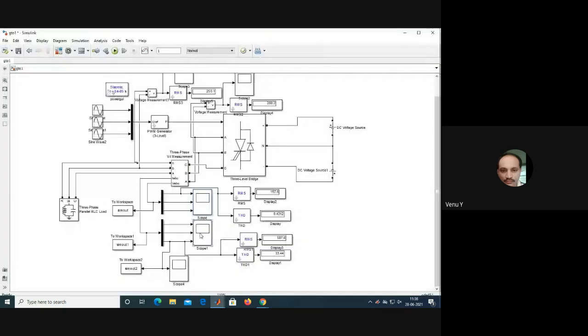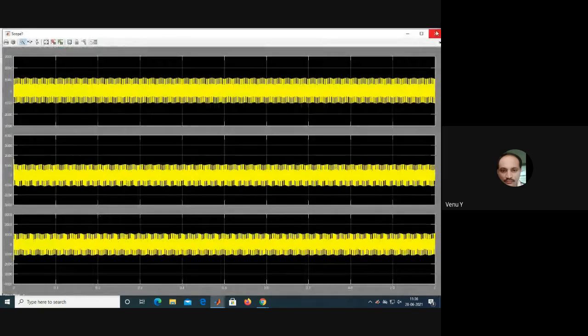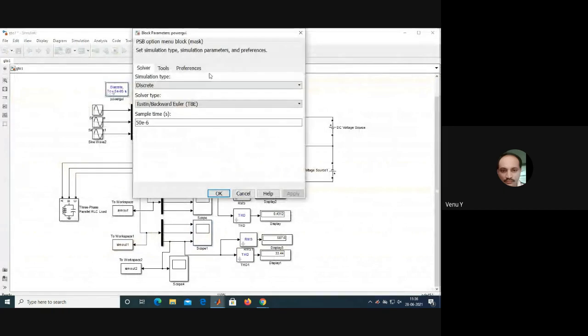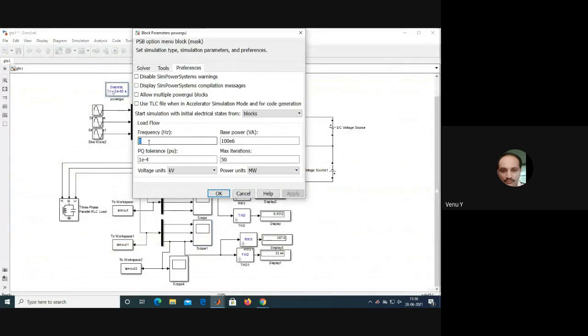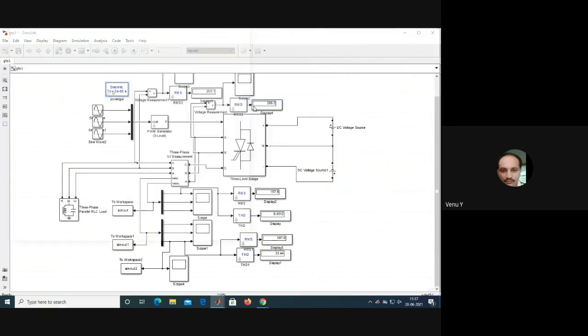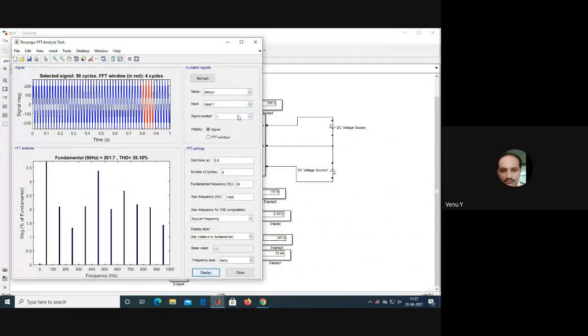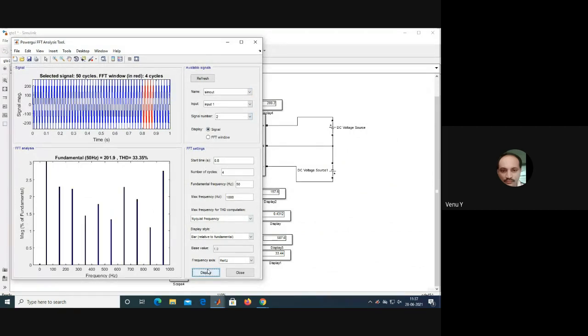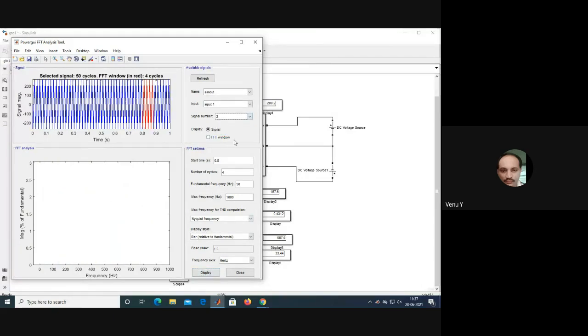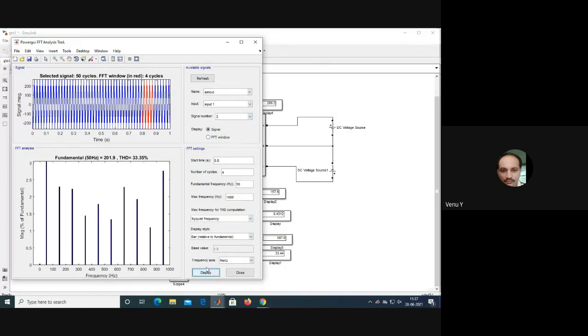Voltage waveform, and this is the current waveform. Now let us go to FFT 50. Sim output 1, okay, let us look at 35, so 33, and third one 33.